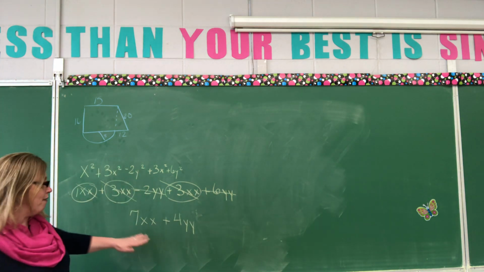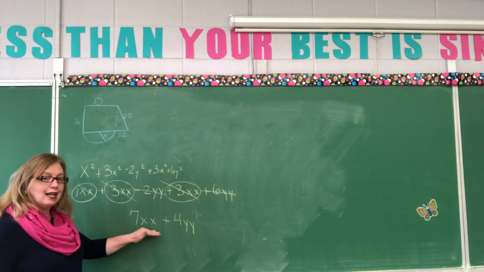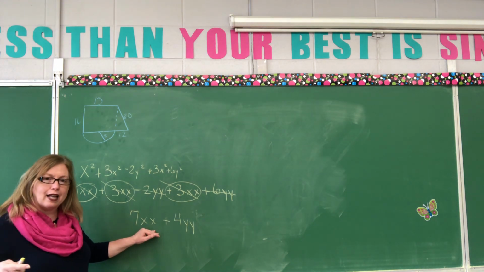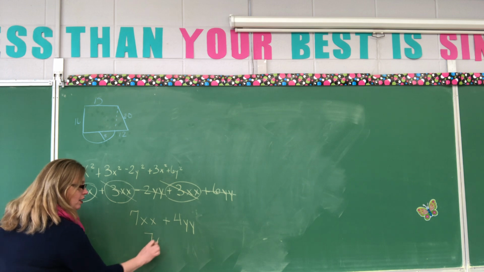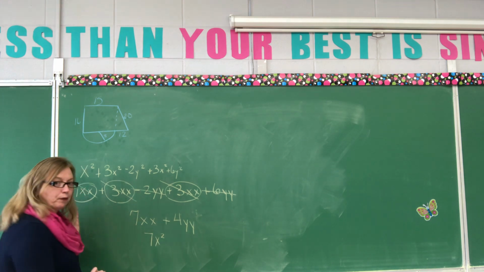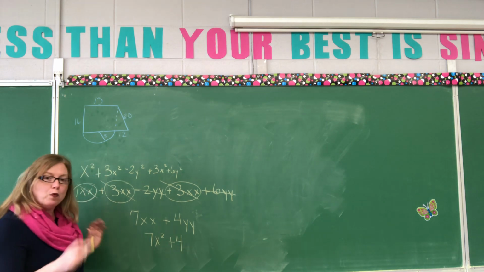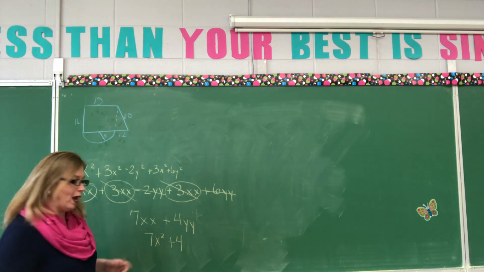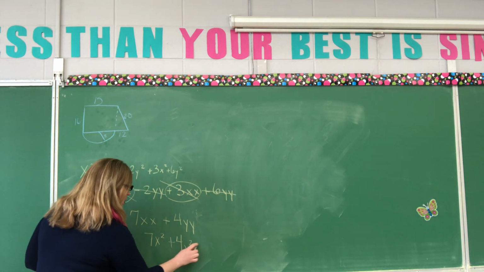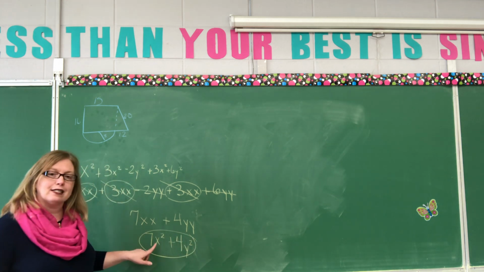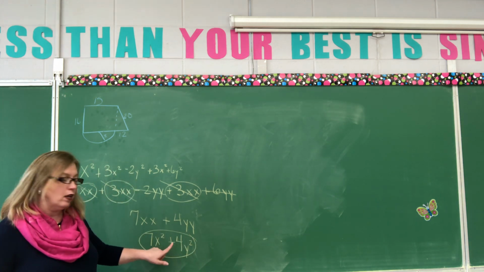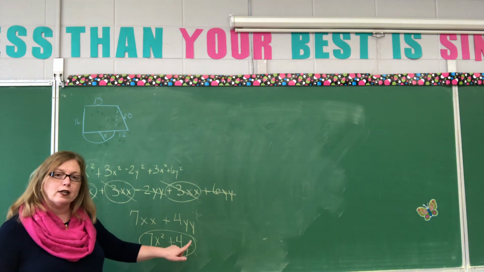Now go to what I have. 7xx. How can I write 7xx? Well, I would simply write it as 7x squared. What about the next? Plus 4yy means y squared. So my final answer is 7x squared plus 4y squared.